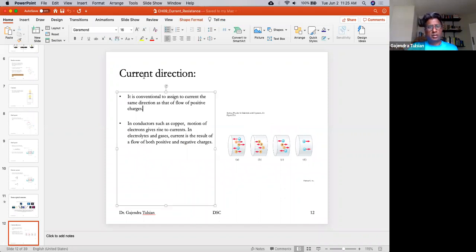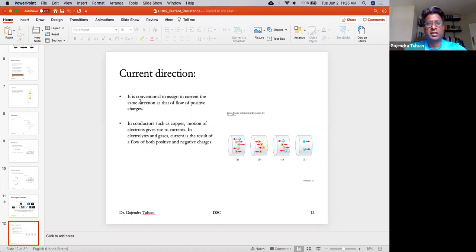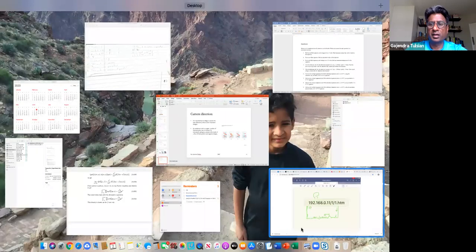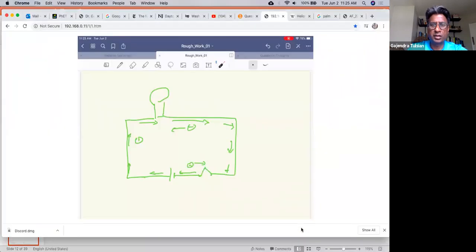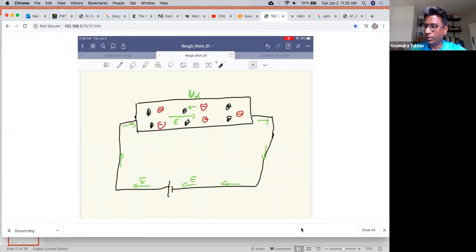So the conventional current direction is convenient to assign in the same direction as the flow of positive charges. Like I said, this convention was adopted before we knew about electrons. So here's the battery, this is the positive terminal, there's the negative terminal, and current was assumed to flow in this direction.